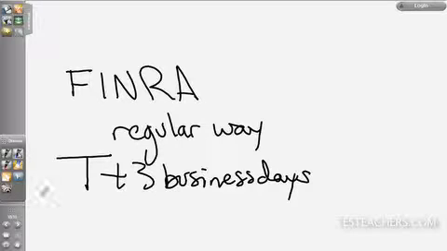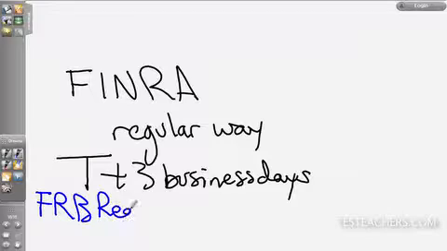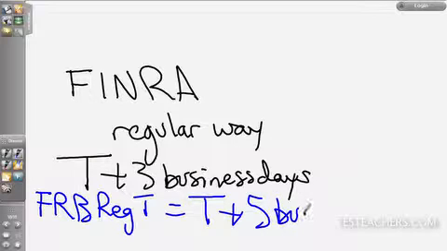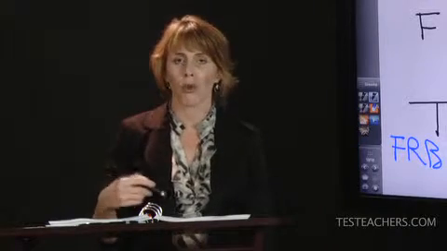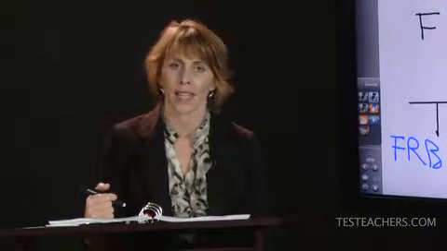In reality, along comes Federal Reserve Board Regulation T, which gives them another 2 days. It says that they have the trade date plus 5 business days to pay. 5 business days to pay. If they haven't settled by the 5th business day, the broker-dealer will be forced to freeze the account for the next 90 days.